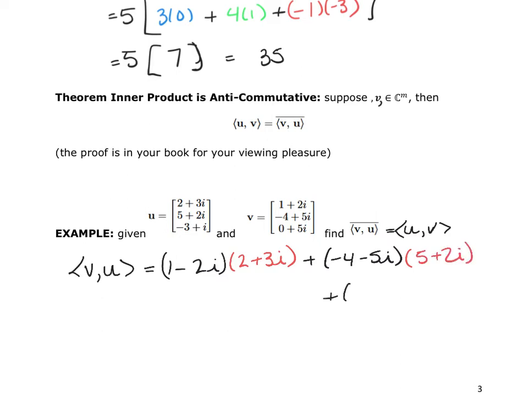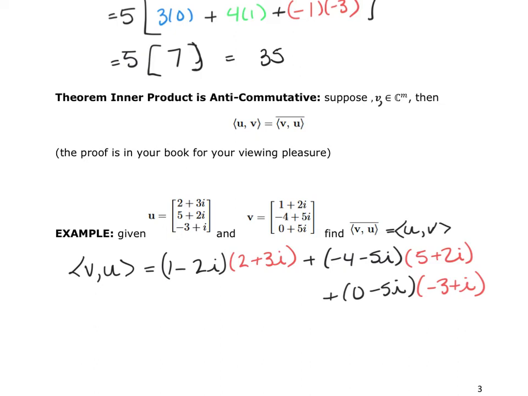And then 0 minus 5i, multiplied by the negative 3 plus i. Now if you compare it to what we did before, we conjugated the first vector and multiplied it by the second. Now I'm conjugating the second vector, multiplying it by the first, and then I'm going to take the conjugation of that answer, and I should get exactly what I started out with.